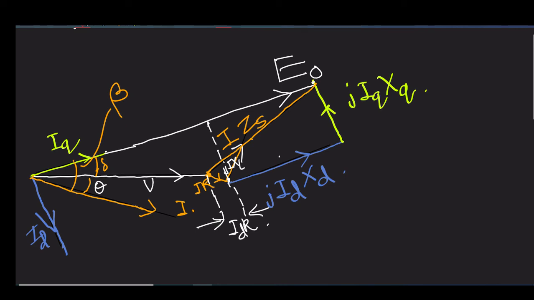Similarly, here if we draw a perpendicular, then what will we get? Pardon me, this is the direction. It is IQR. Why it is IQR, I'll explain. Just hold on a minute.